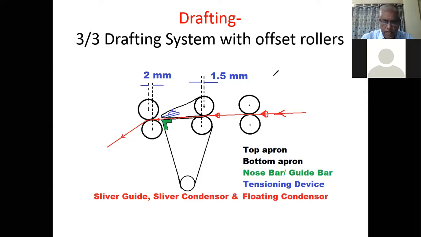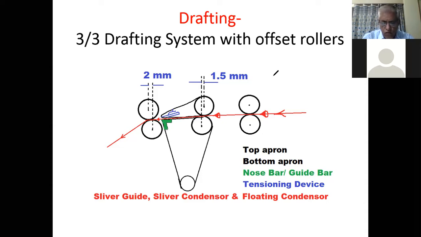These offset rollers help to increase the area of contact between the 2 rollers. Area of contact of the fibers is more, so control over the fibers during drafting is more, and chances of floating fibers or drafting waves are less.